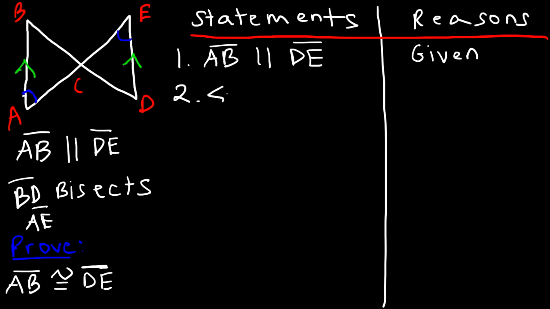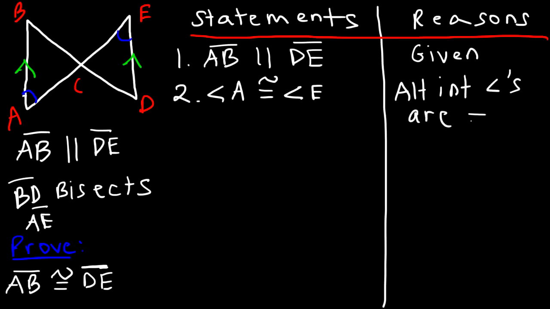So let's say that angle A is congruent to angle E. Now what reason can we put? Here's what it needs to say: alternate interior angles are congruent. So that's the reason.